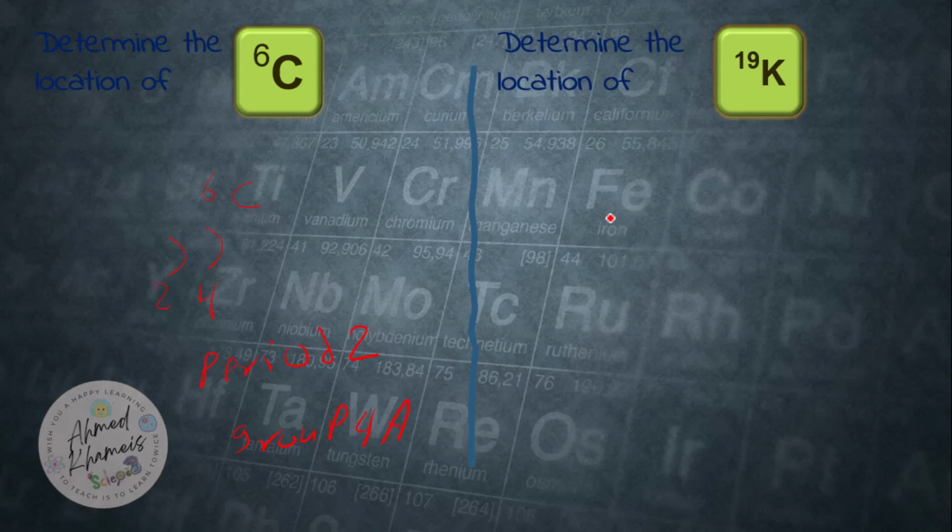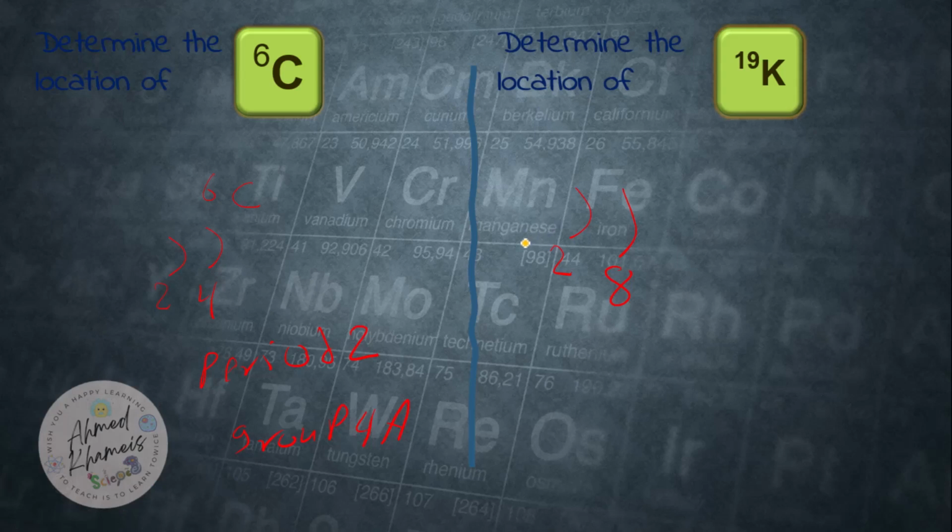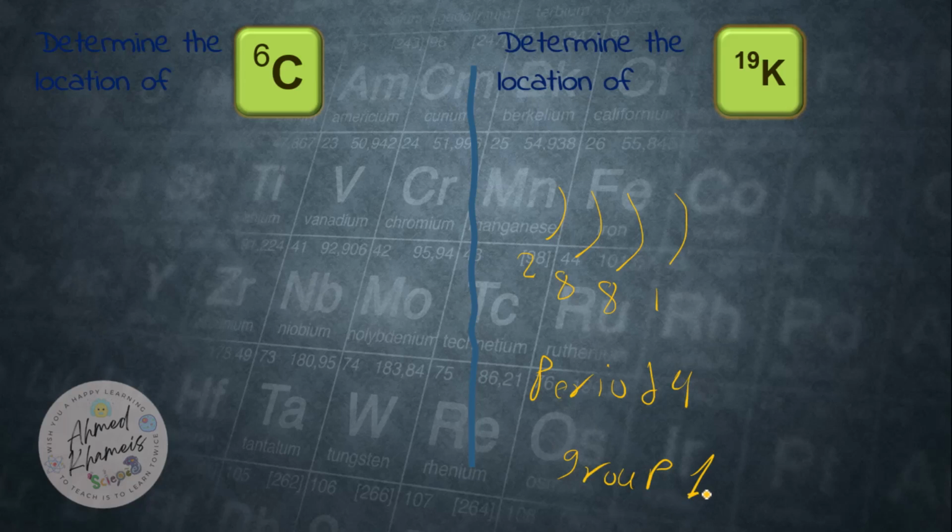Potassium 19, write the configuration: 2, 8, 8, 1. So 4 energy levels, so period 4, group 1A.